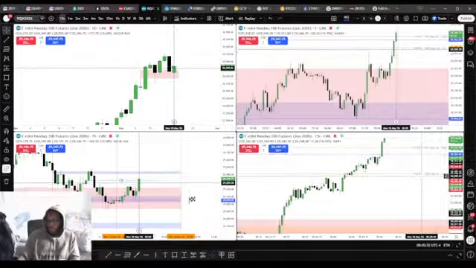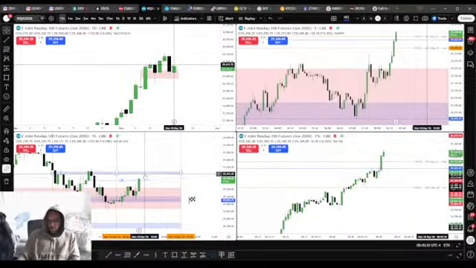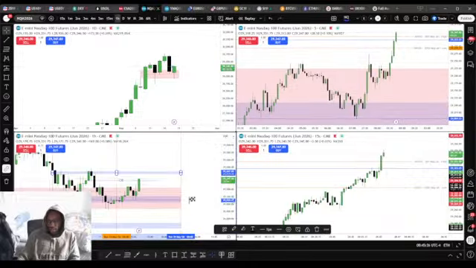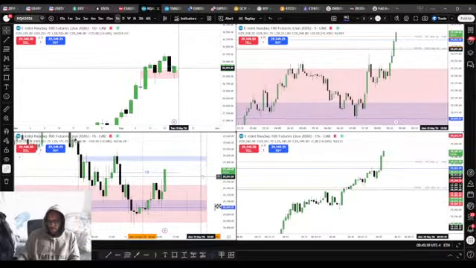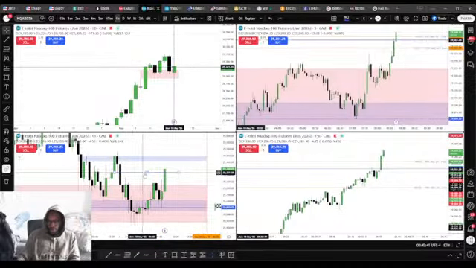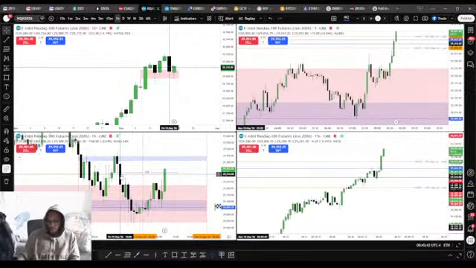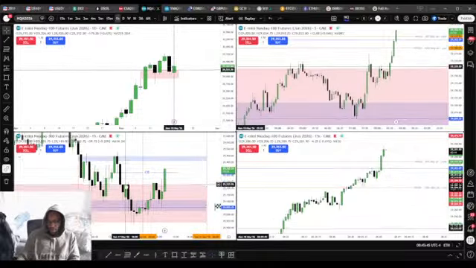Traded above the new week opening gap. Next draw would be the 414 to 447. Assuming that in 14 minutes we get a closure above this gap here.